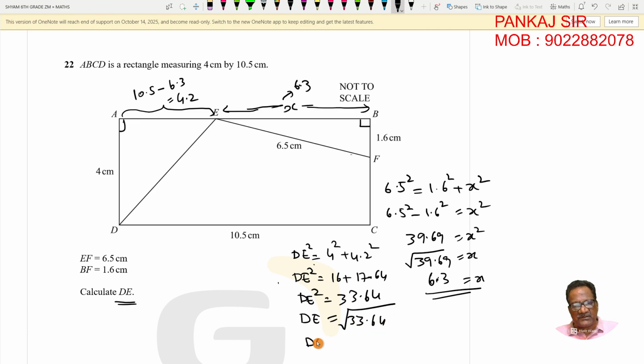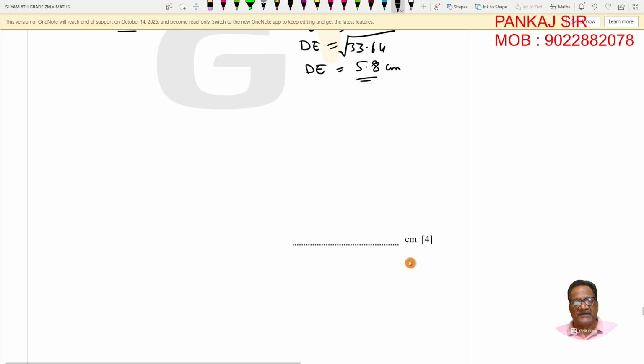So DE will be equal to the square root of 33.64, which is 5.8. I got the answer for DE, 5.8 centimeters. Got it? So my final answer for DE is 5.8 centimeters.